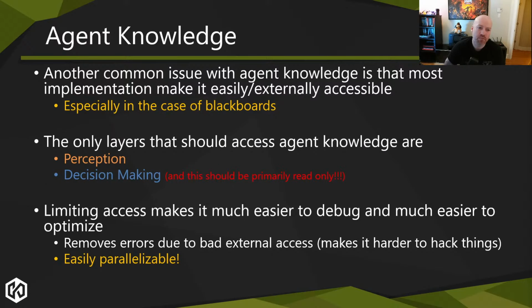Another problem, especially with the blackboards approach, is that the data tends to be externally accessible. That can be problematic because you don't have control of who's writing to it. The most basic problem is that you can't really parallelize this, because anybody can write to it.